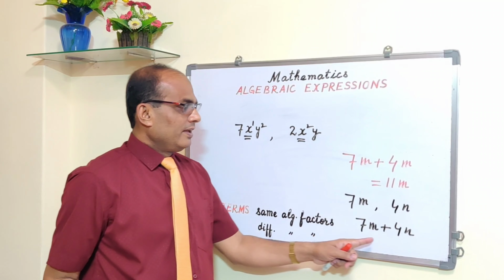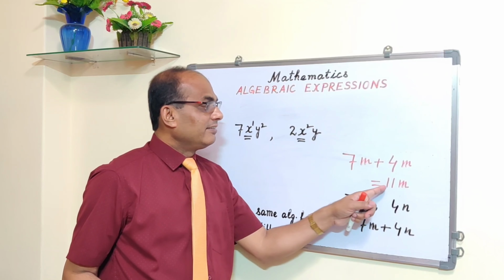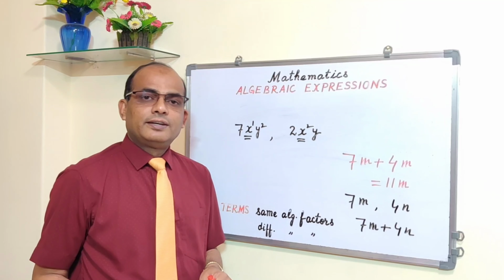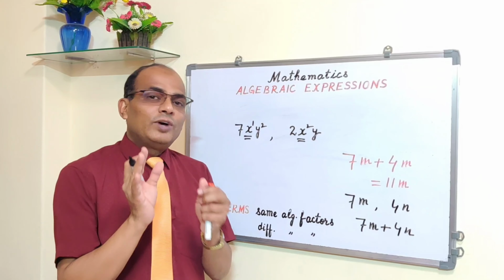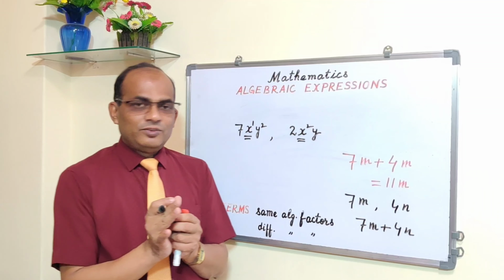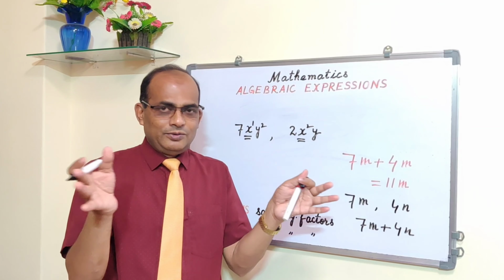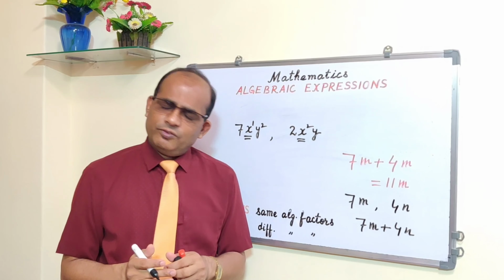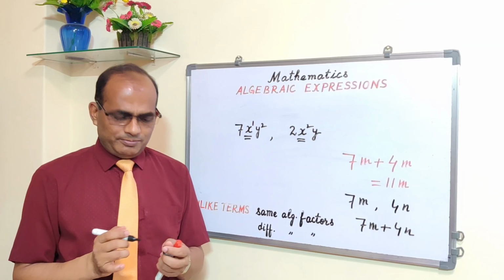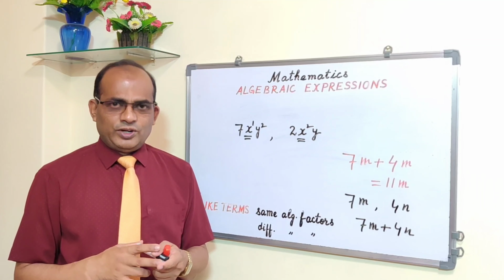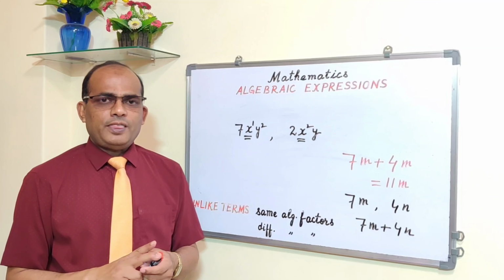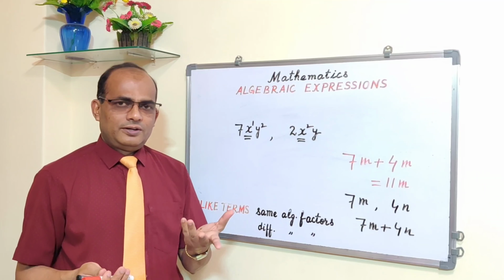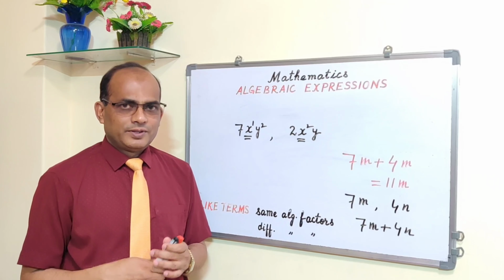You cannot add them because they are not like terms. So once you can decide which are the like terms, then easily you can bring all the like terms together and then add or subtract. It's a very, very important, basic thing which one should know, whether you are in class 6, 7, 8 or 9.